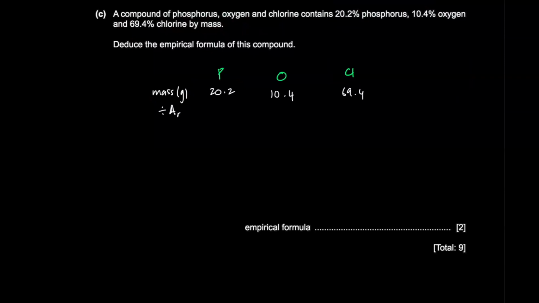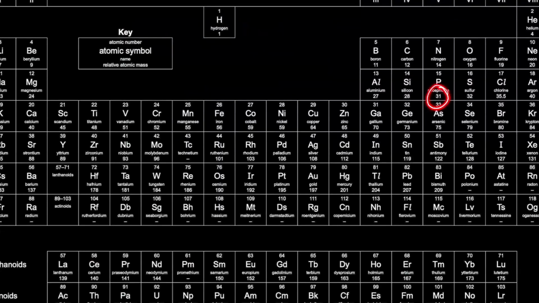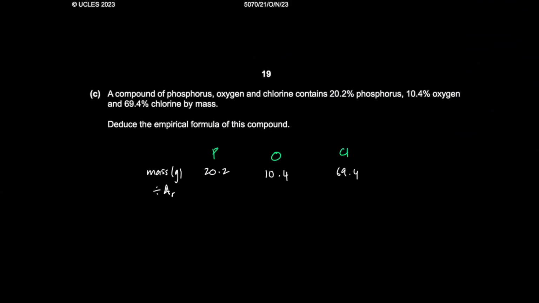The molar mass of phosphorus from the periodic table is 31. This is the mass, this is the atomic number. So mass 31, oxygen is 16, and chlorine is 35.5. We divide the first number by 31, this one by 16, and this one by 35.5.